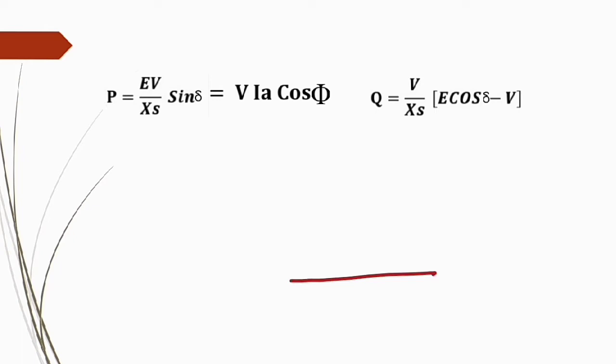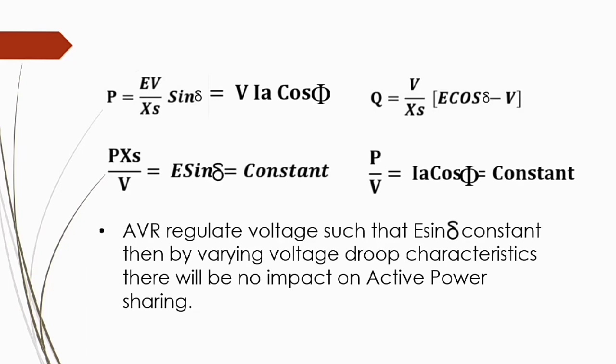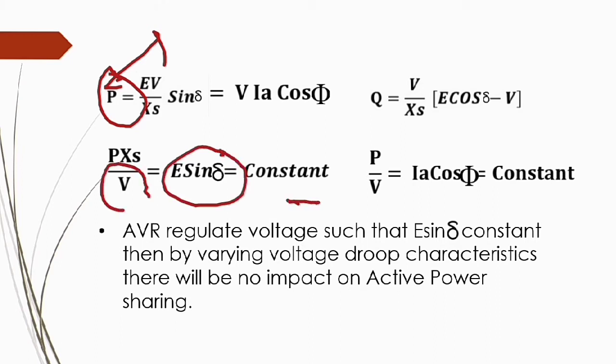So here we see P upon XS upon V. We want active power constant. So P times XS upon V equals E sin del. Only E sin del remains here and should be constant, because we want the terminal voltage constant.